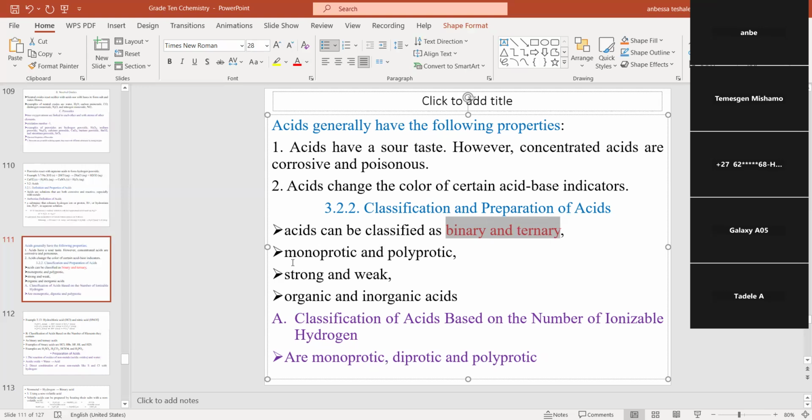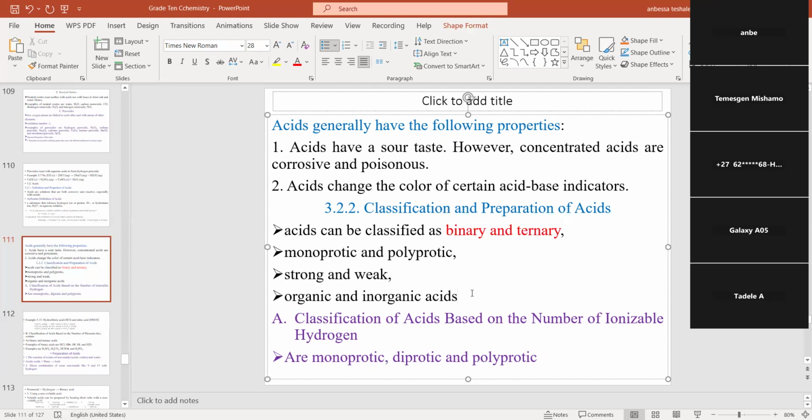Acid can also be classified depending on the number of hydrogen ion, monoprotic and hydrogen ያለው ፖሊፕሮቲክ ሁለት እና ከዛ በላይ ሃይድሮጅን ያለው ፖሊፕሮቲክ አሲድ እንላለን። ከጥንካሬው ደግሞ ስትሮንግ እና ዊክ ብለን ክላሲፋይ እናደርጋለን። ኦርጋኒክ እና ኢንኦርጋኒክ አሲድ ብለን ክላሲፋይ እናደርጋለን ማለት ነው። ሶ አሲድ can be classified in different ways. So classification of acid in the number of ionizable hydrogen ion.